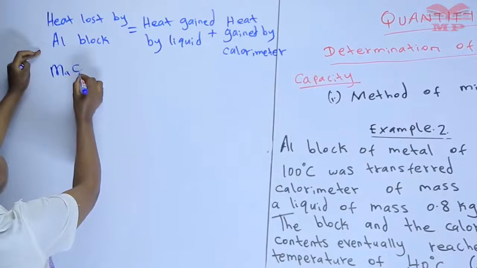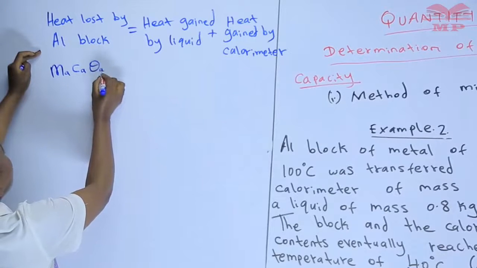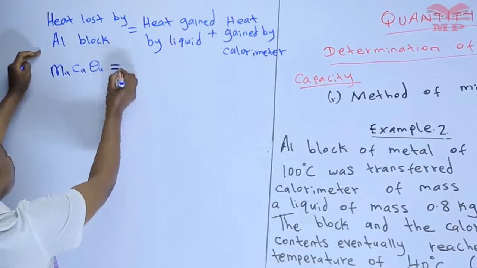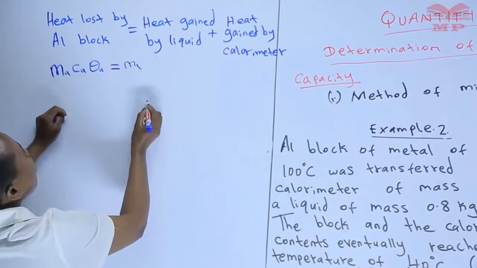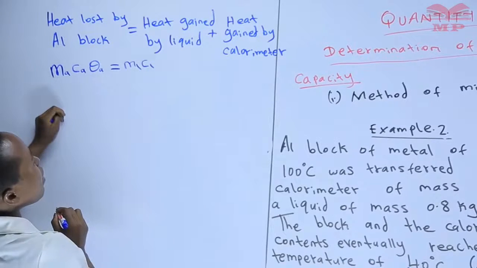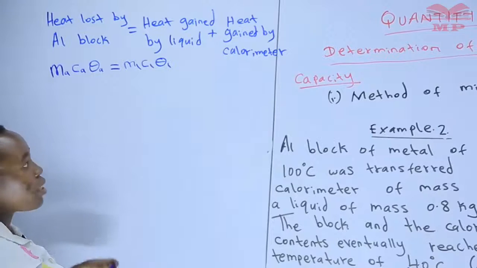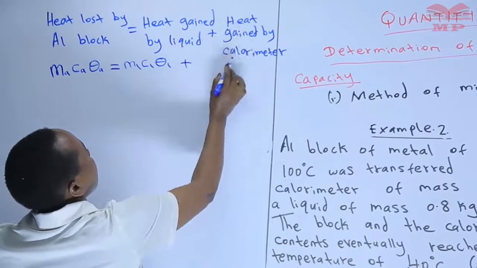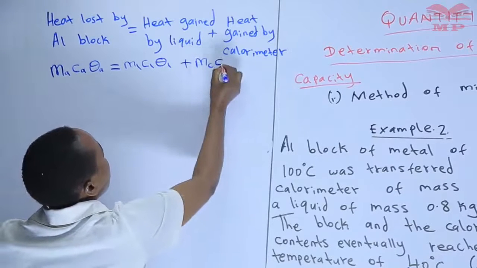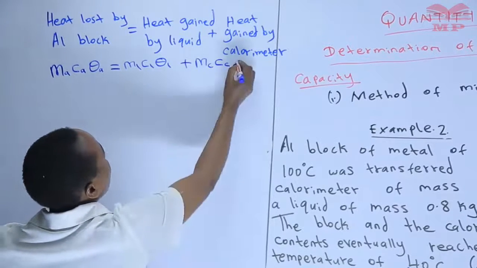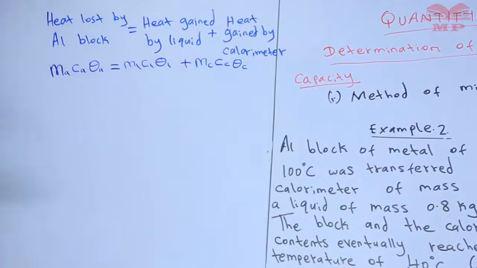Multiplied by the specific heat capacity of aluminium, multiplied by the change in temperature of the aluminium, which is equal to heat gained by the liquid: mass of the liquid, multiplied by the specific heat capacity of the liquid, multiplied by the change in temperature for the liquid, plus heat gained by the calorimeter, given by mass of the calorimeter times the specific heat capacity of the calorimeter multiplied by the change in temperature for the calorimeter.